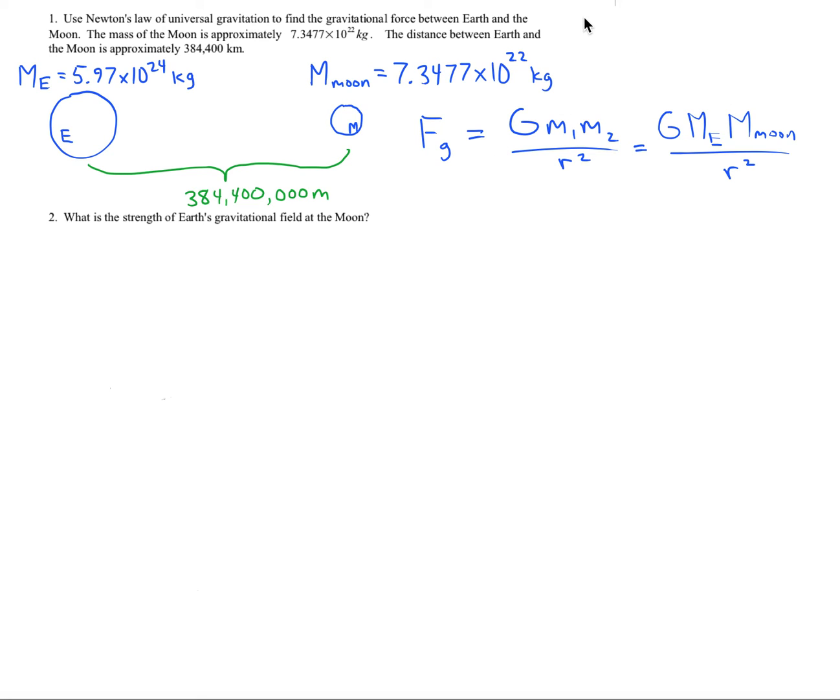Now, what is G? G is 6.67 times 10 to the negative 11 Newton meters squared per kilogram squared. Now let's plug everything in.